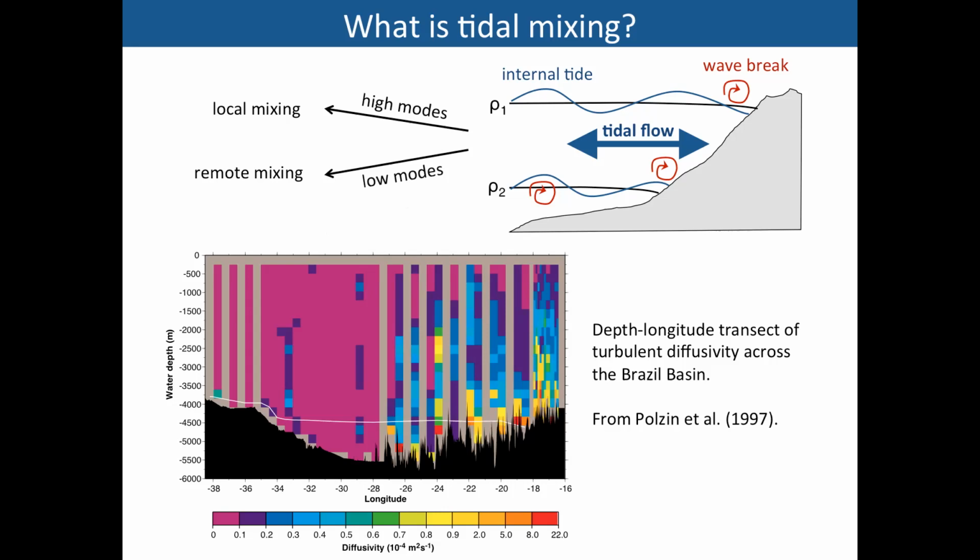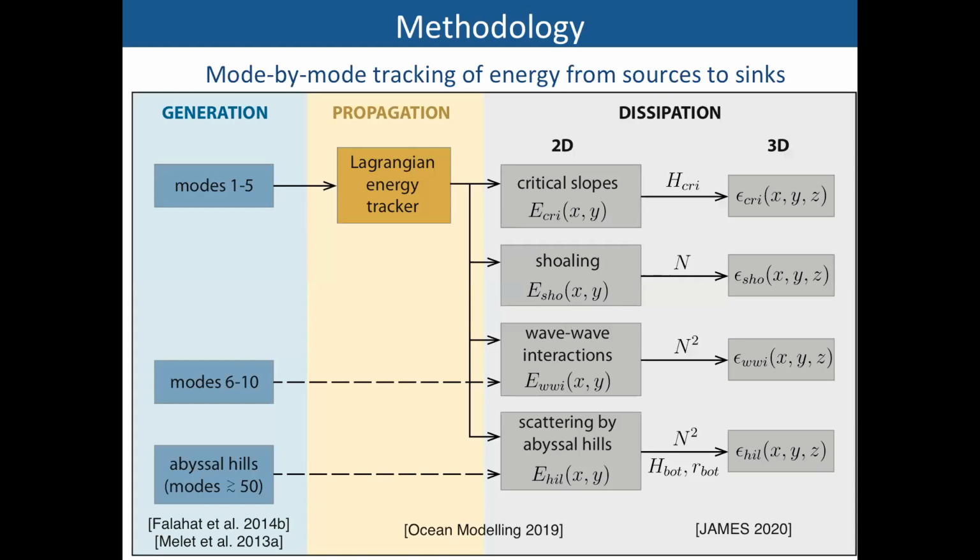And so this is partly why we wanted to build a comprehensive parameterization that does both the local and the remote mixing. So the methodology is summarized by these slides. We're doing a mode by mode tracking of energy from sources to sinks.